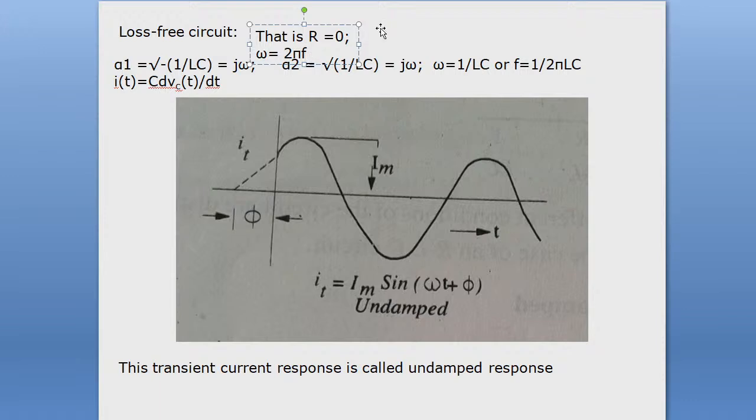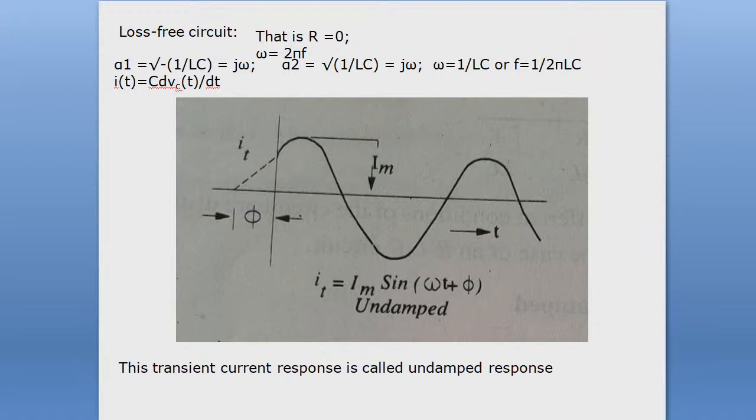So you can calculate f equal to omega by 2 pi, and omega equal to 1 by root LC. So the oscillating frequency for this response is 1 by 2 pi root LC.